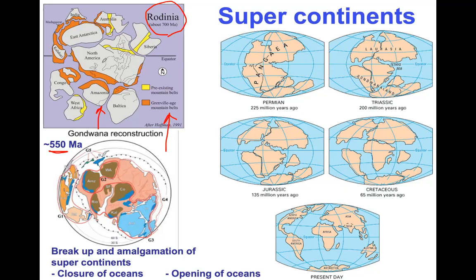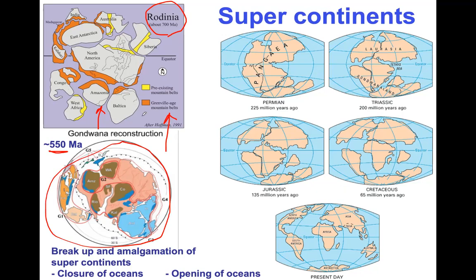dispersal. And 300 or 400 million years after this mantle plume hit Rodinia, all these separated fragments were collected into a shape like this, which we termed Gondwana.